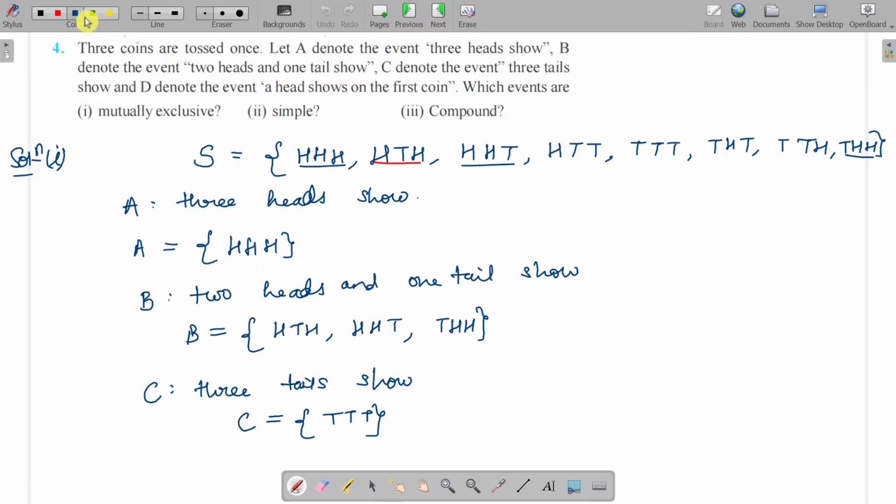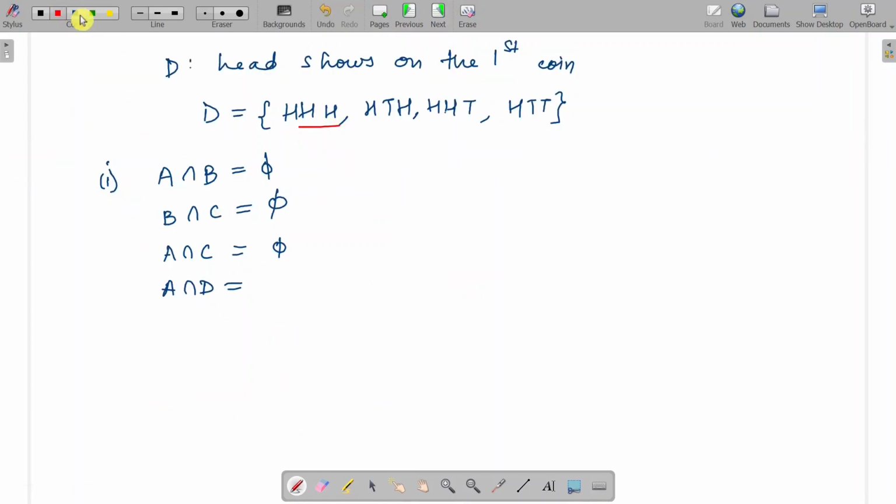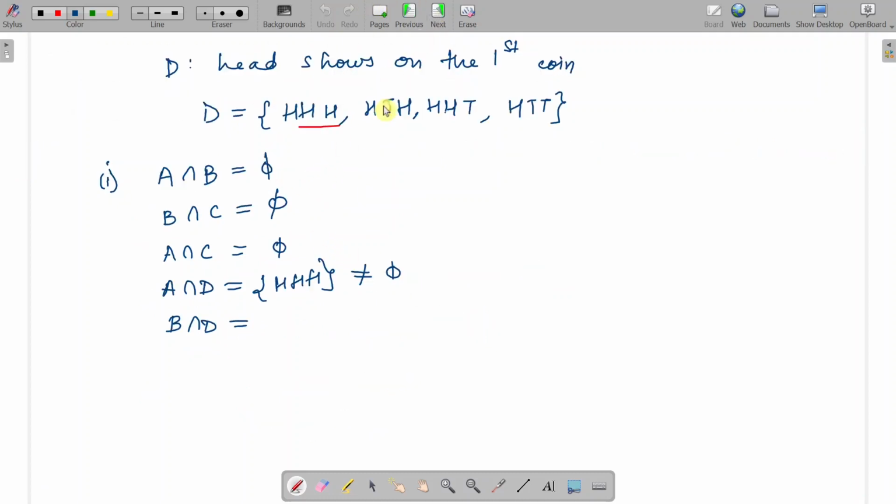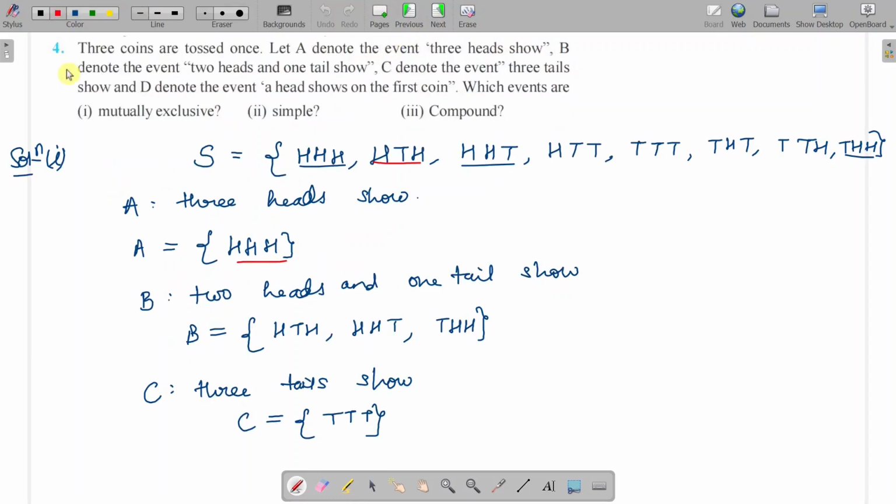A intersection D, if you look at, then there is one common point, it is H, H, H, right? So this will be non-empty set, or we can write the set, it is H H H, right? So which is not equal to empty set. Now let us look at B intersection D. So B, that is this, and D. So what are the common points?